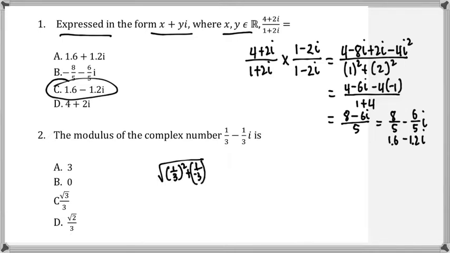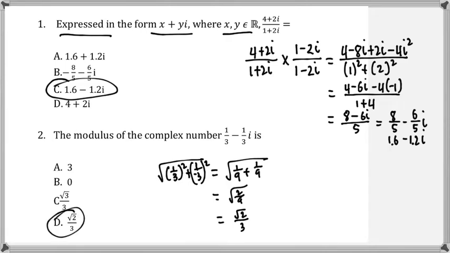So it would be the square root of a third squared plus negative a third squared, which would just give you 1 on 9 plus 1 on 9, which would boil down to the square root of 2 on 9, which will give us the square root of 2 on 3. So D is our answer here.